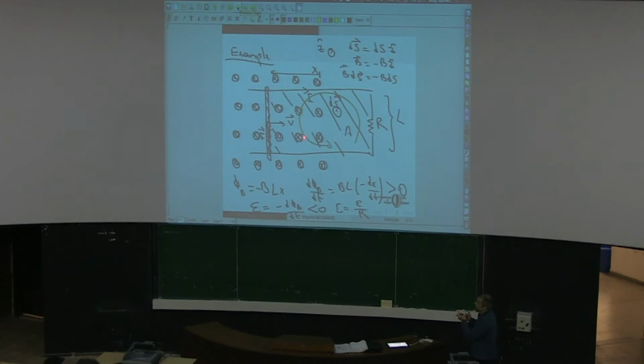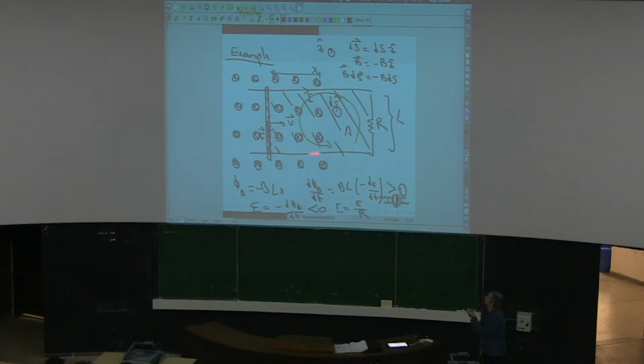So there is a magnetic field. So there is some flux in this area. As this rod is moving, the flux in this area is being reduced in magnitude. So the current should be such that it will try to increase in magnitude this flux.